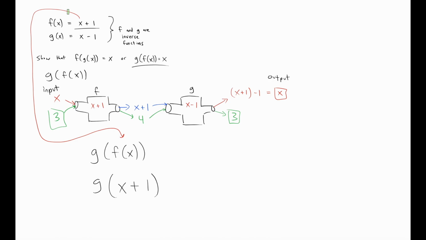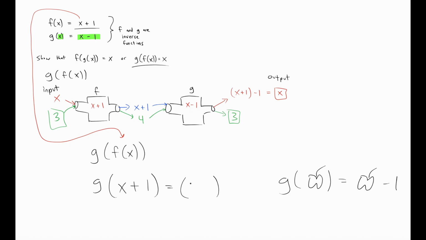The formula for g, though, is to take whatever is in the parentheses and just subtract 1 from it. So if it was saying like g(apple), then the answer would be apple minus 1.